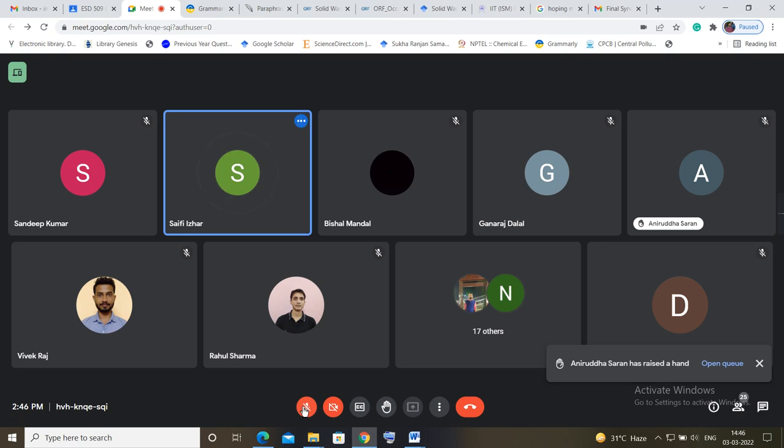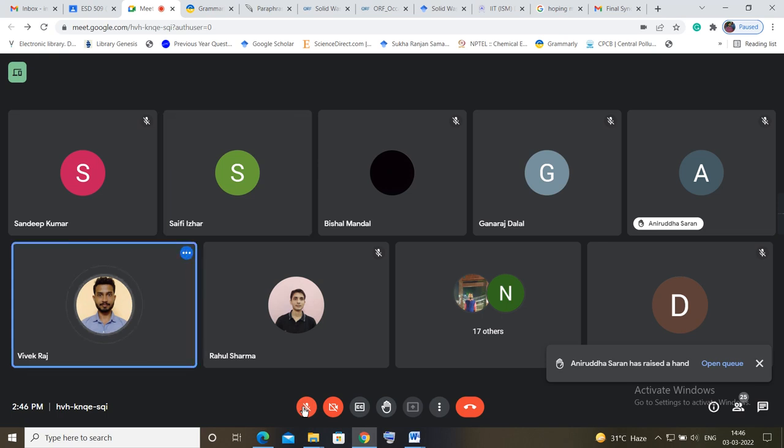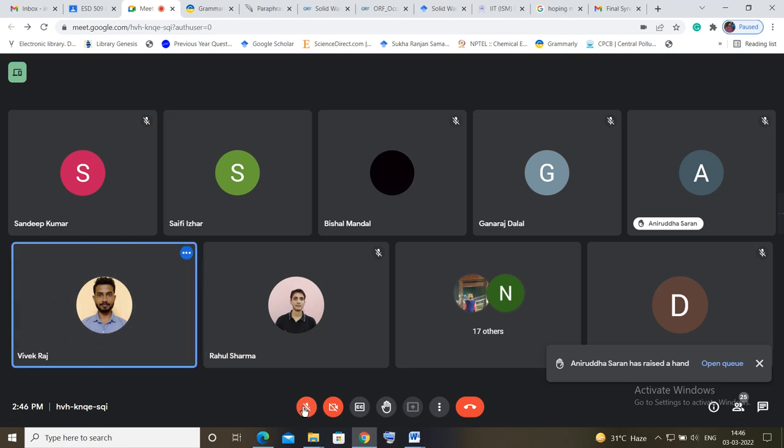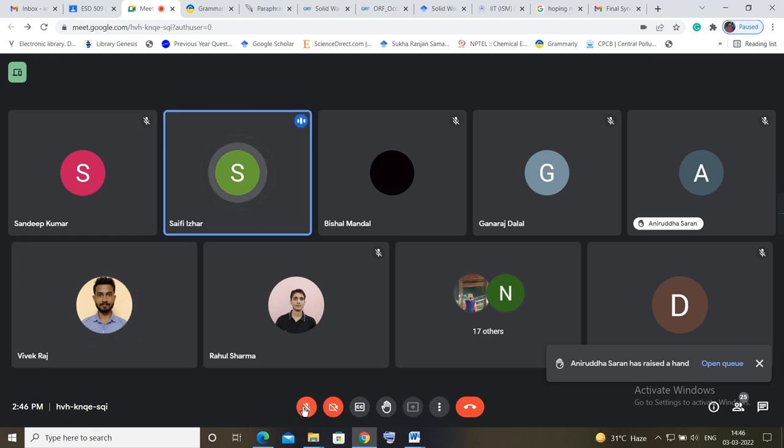Vivek Raj, what is the size of coarser particle? What is the size range that you are thinking of when I say coarser particle? Less than 6 particle, up to size.